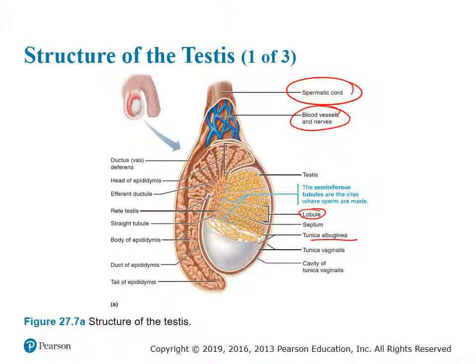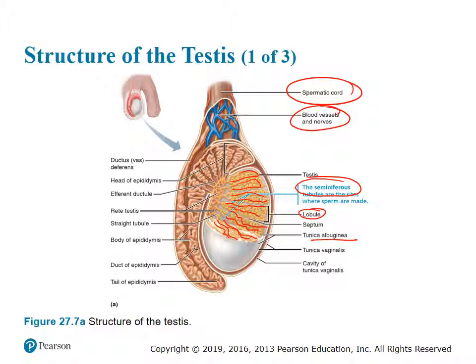And then you can start to see that those lobules are continuous with what we call the seminiferous tubules, right? The seminiferous tubules are where sperm actually gets produced. And so sperm undergoes a series of cell divisions that are especially for sex cells, and we call that process meiosis that we mentioned in class.